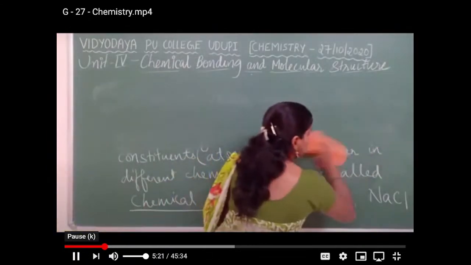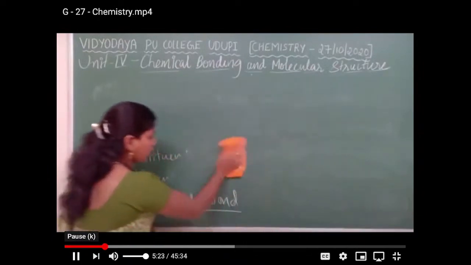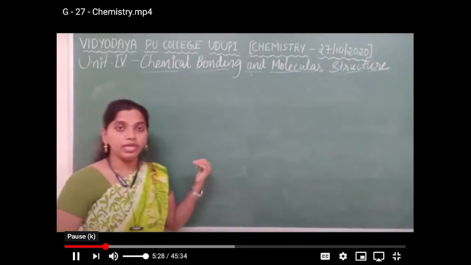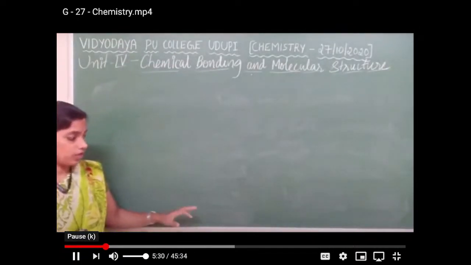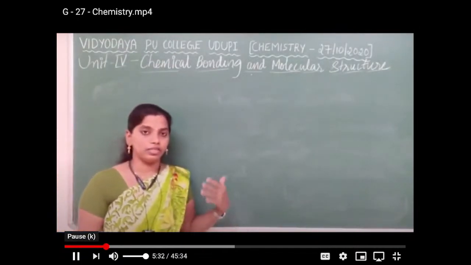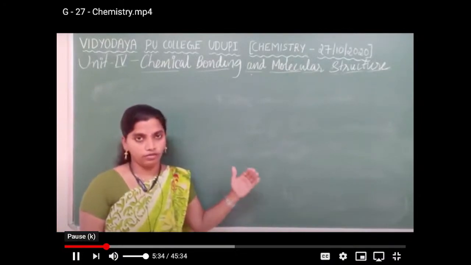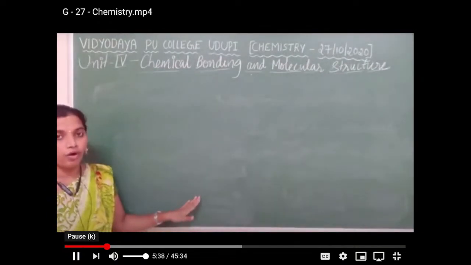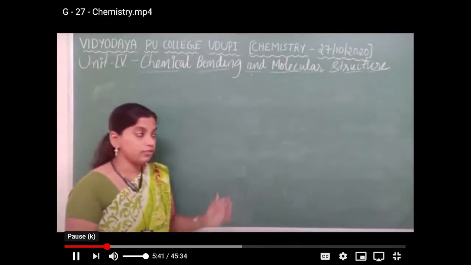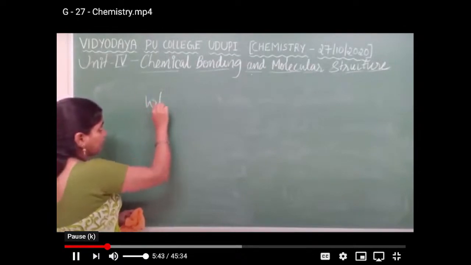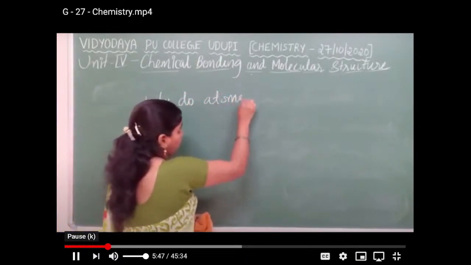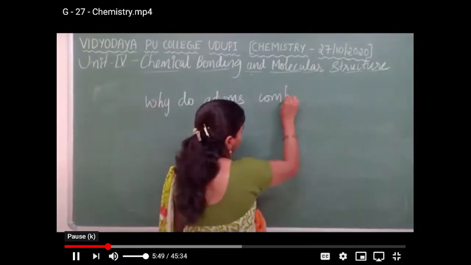Due to this chemical bond formation, various compounds will be formed. The chemical bond is of different types, such as ionic bond and covalent bond. A question may arise: why do atoms combine?